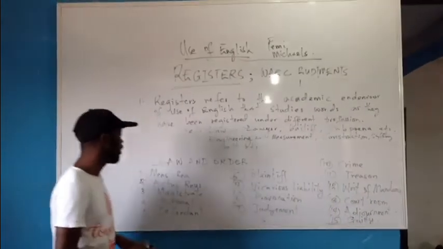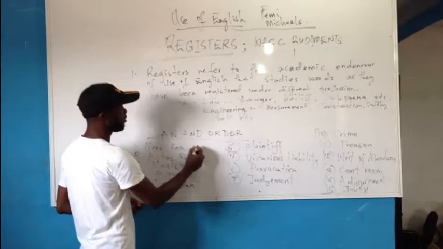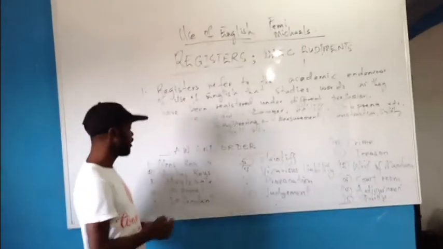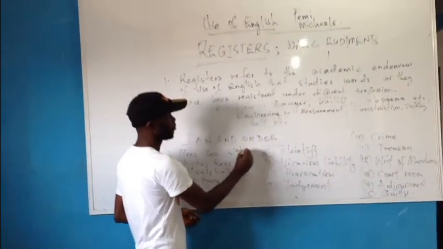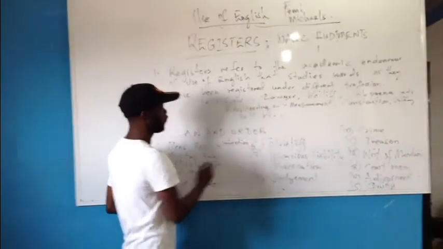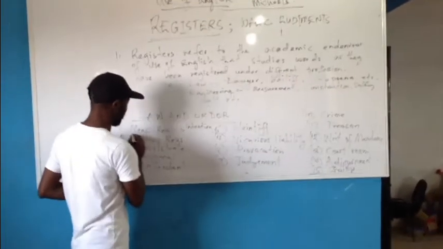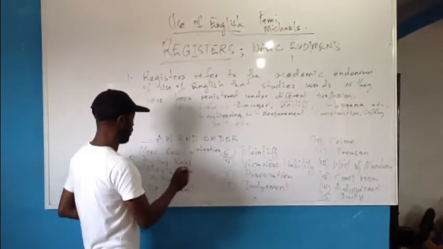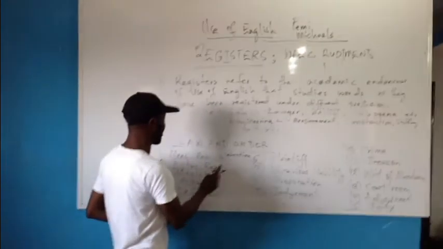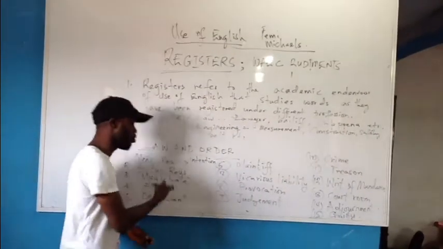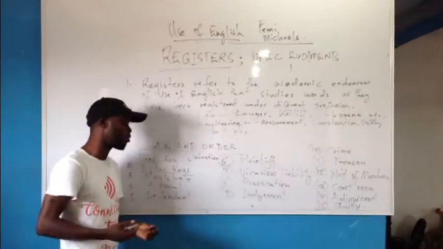So the first one is mens rea. Mens rea means intention. In the field of law, intention has to do with what someone plans to do. This is a principle of law, that it must agree with what we call the actus reus. So you see mens rea on top, actus reus below.